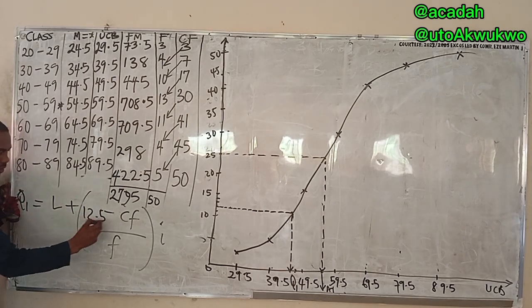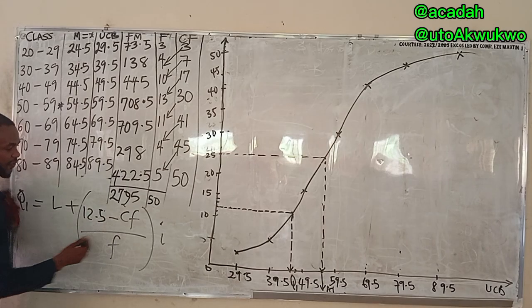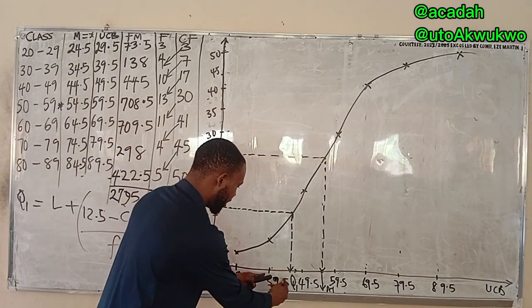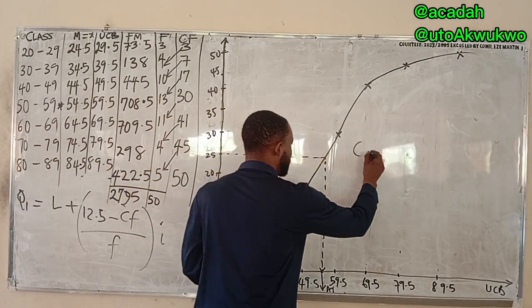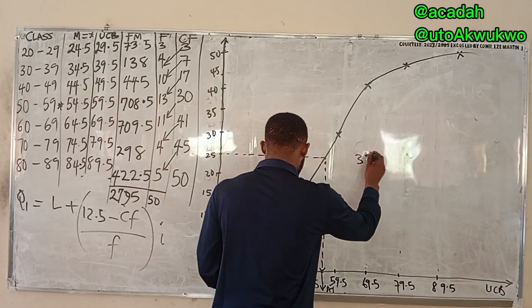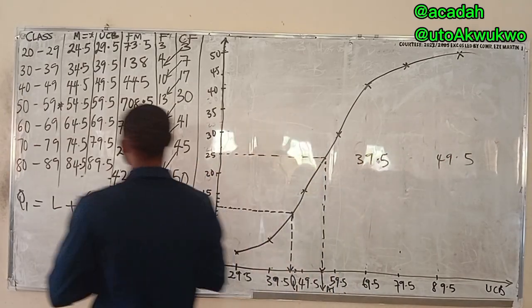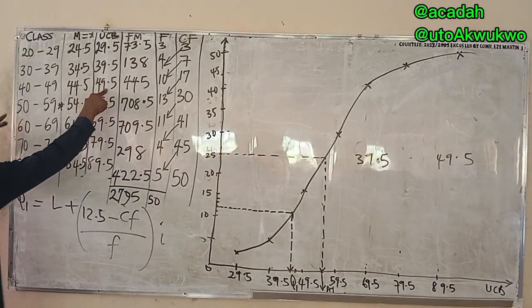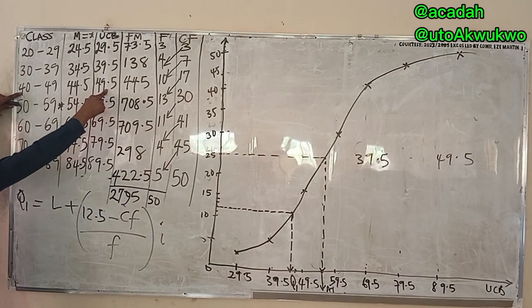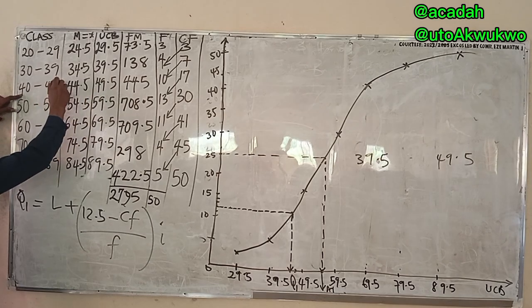Now, if this is the class that has 39, I break out the class that I have here: lower bound of 39.5, upper bound of 49.5. Now, which class has upper bound of 49.5? This is the class, because the lower bound of this class is 49.5. So it falls inside this class.